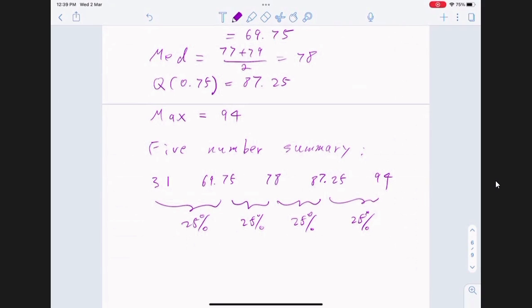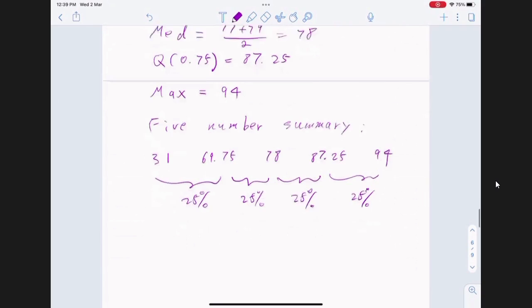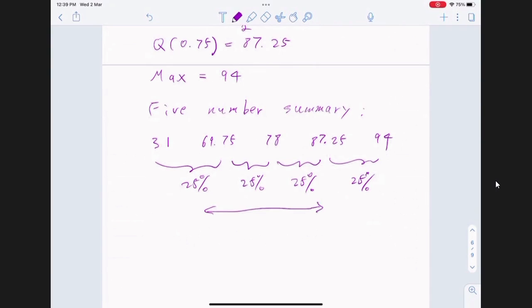Now there's an ad hoc procedure. First, we compute the interquartile range. The interquartile range is the difference between the 0.75 quantile and the 0.25 quantile, the difference between the upper quartile and the lower quartile. It tells us the range of the data falling within the middle 50%.